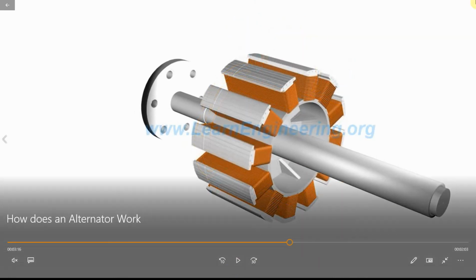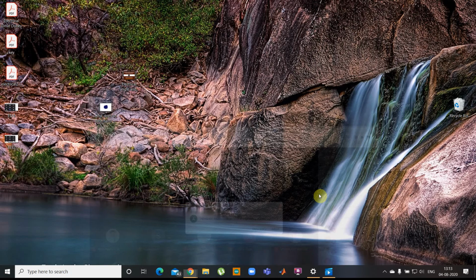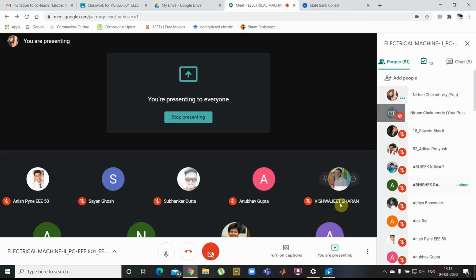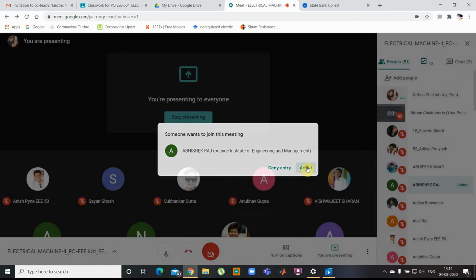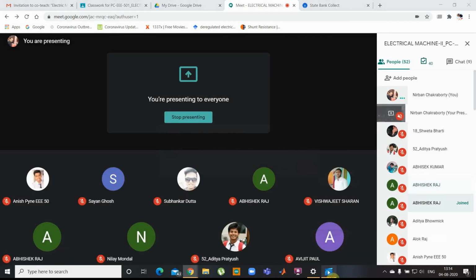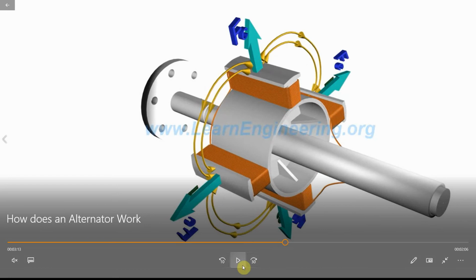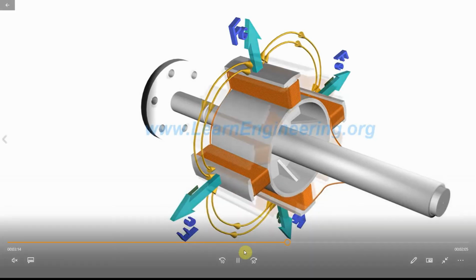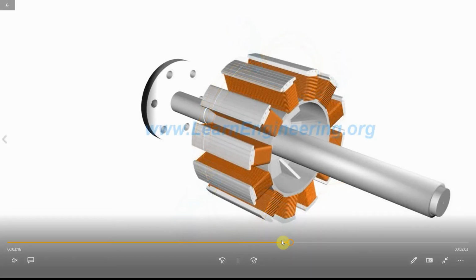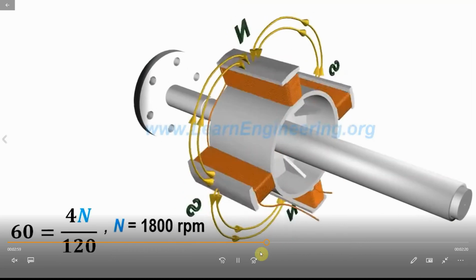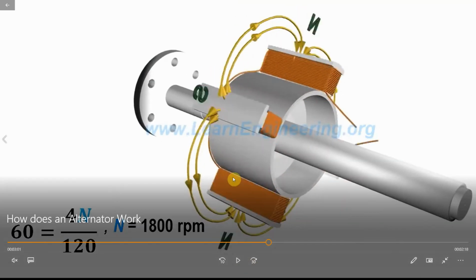Here it is showing that if it is rotating very fast like this, there will be a centrifugal force acting on it.